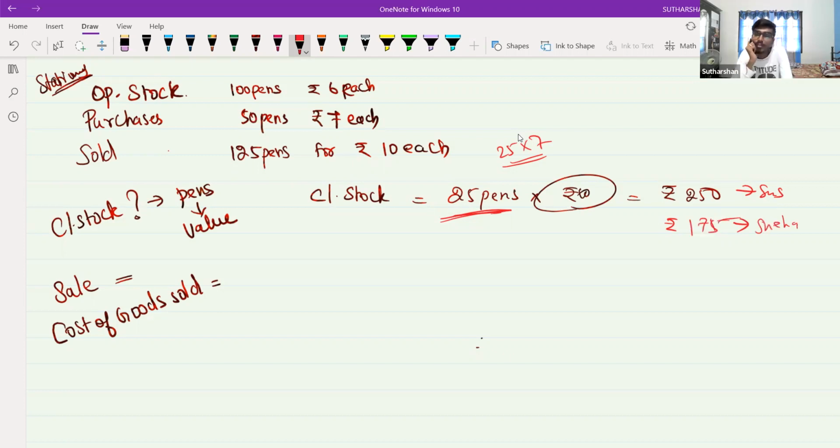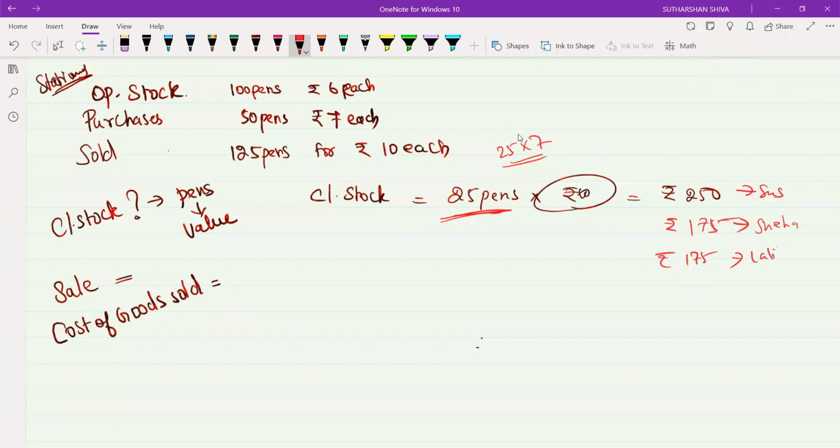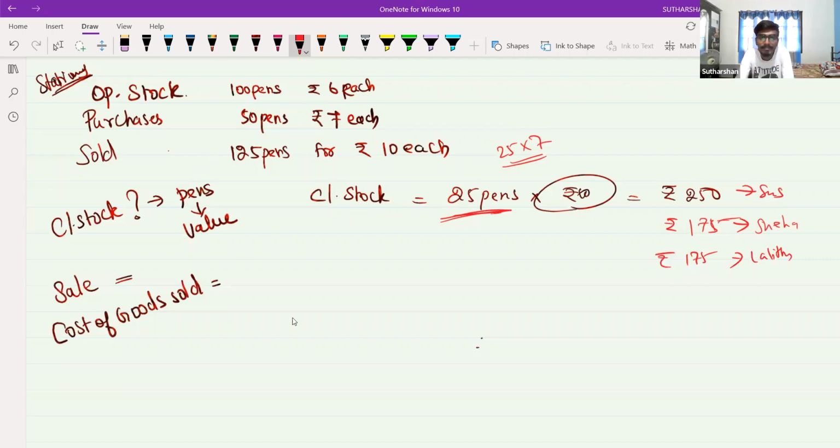Okay, then coming to Lalita's answer. What is your closing stock value? Sir, 175 only, sir, I also got it. You are getting 175 also. Atmika, what is your answer? 300. How are you getting 300?